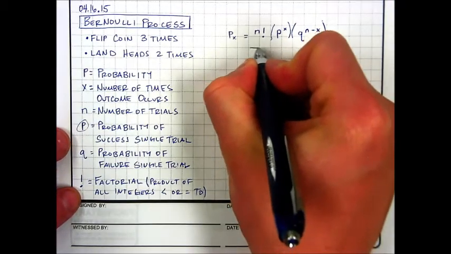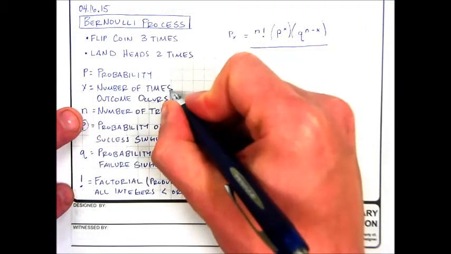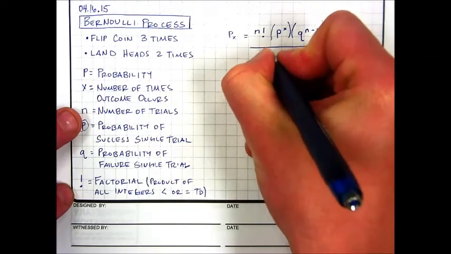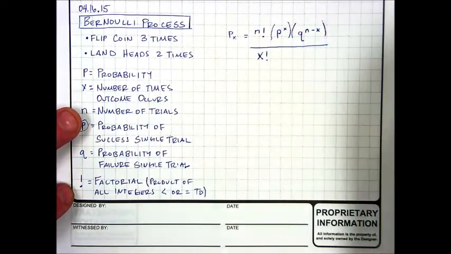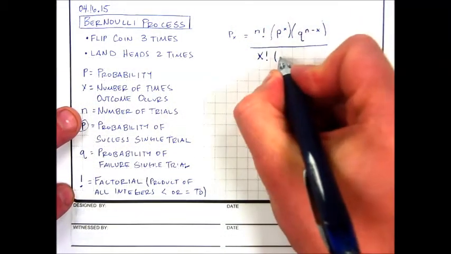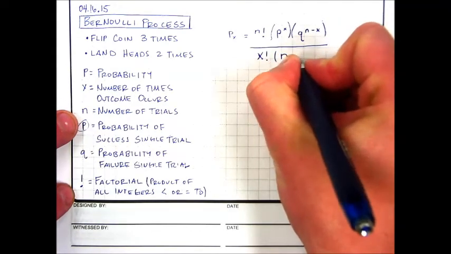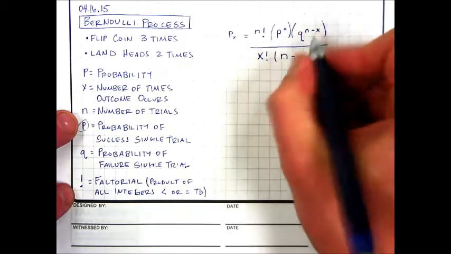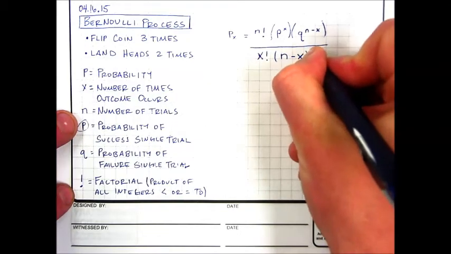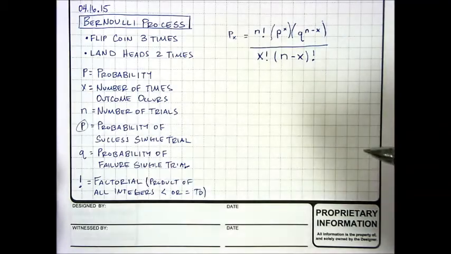All of that is put over X factorial, the number of times the outcome occurs, the factorial of that, times n minus x, which is the number of trials minus the number of times the outcome occurs, factorial. So all we have to do now is plug in our numbers for our situation.